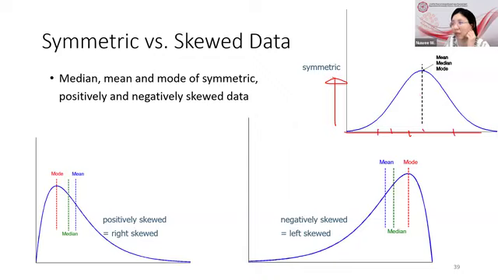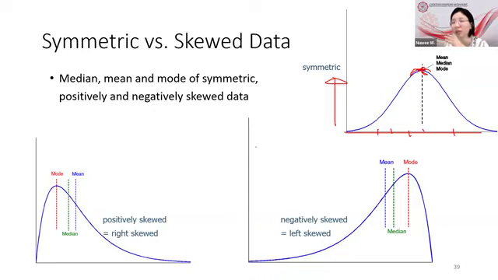Where we have a lot of them, it will be like a high mountain here. So if we have symmetric, that usually means the mean, the median, and mode are the same or almost the same. It could be a little bit different, right? So this is a symmetric distribution.